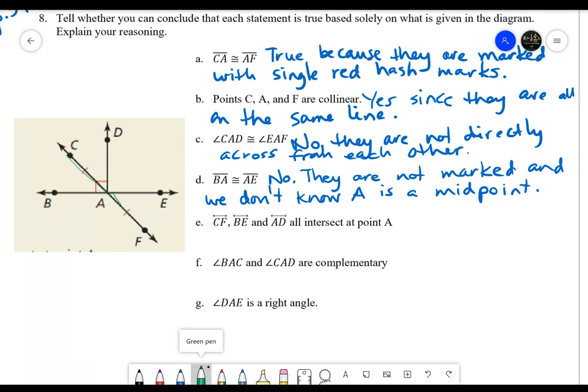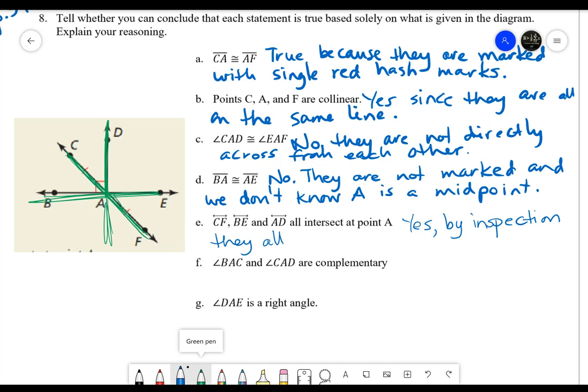Okay, so CF is here. BE is here. And AD is here. It says they all intersect at point A, and we're going to say yes. And I'm going to say what's called inspection. By inspection, they all meet at A, which means I just have to look at it. That's what inspection means.